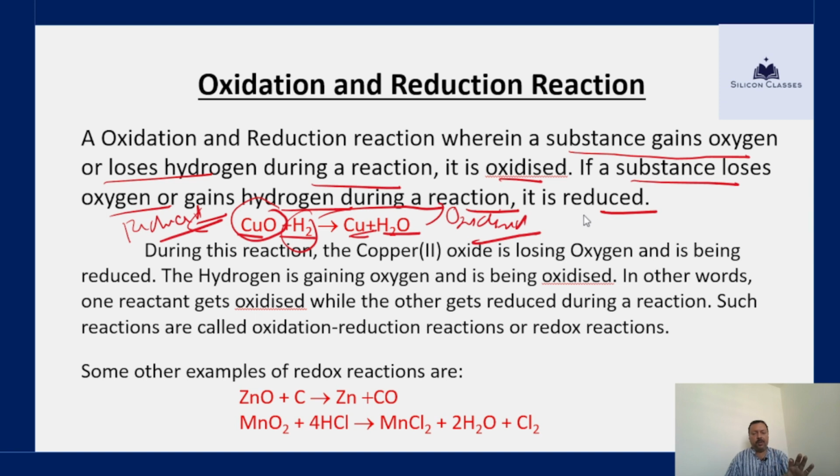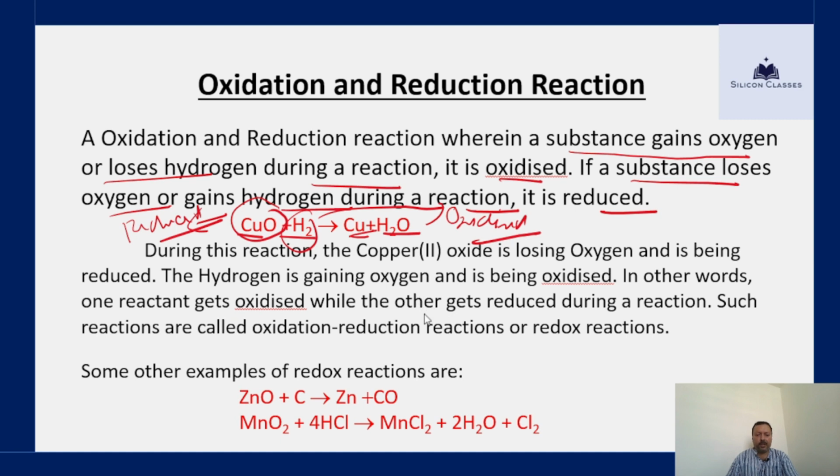So by definition, copper oxide loses oxygen during a reaction, so copper oxide is being reduced during this reaction to form copper. Hydrogen gains oxygen during this reaction to form water, so hydrogen is being oxidized.